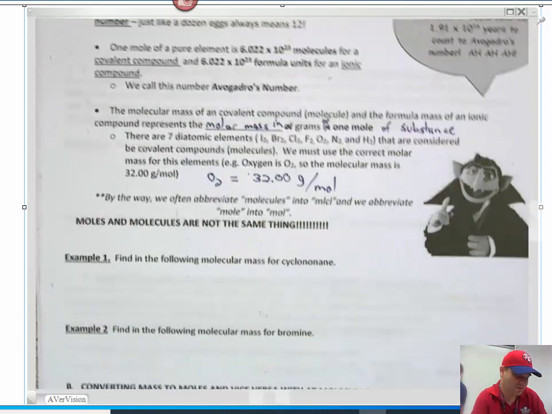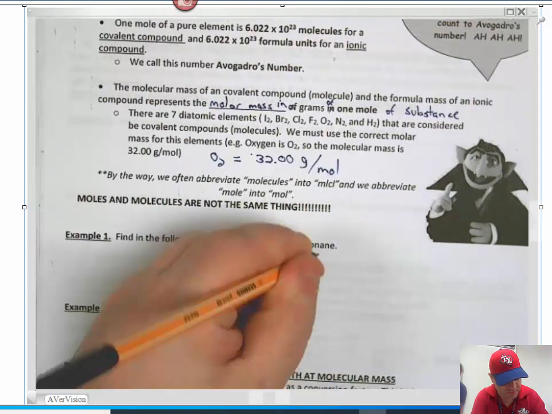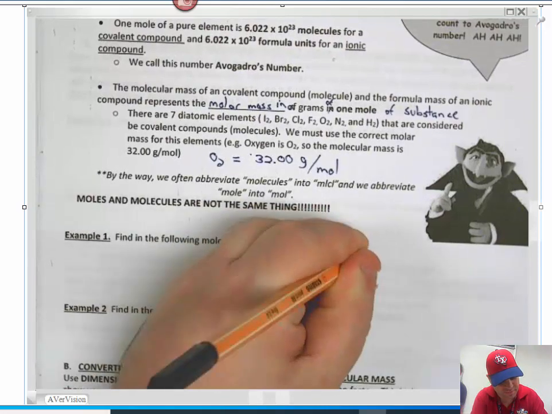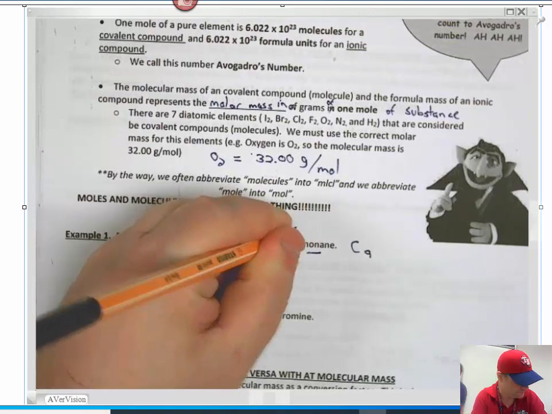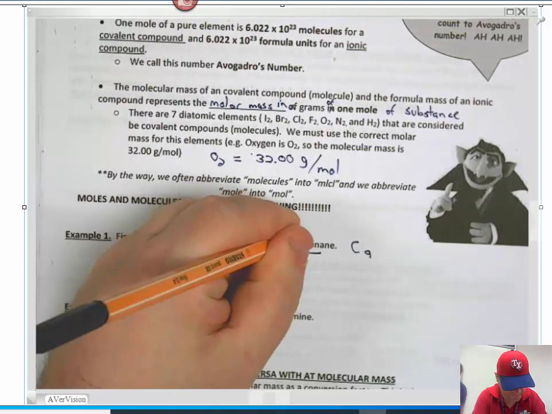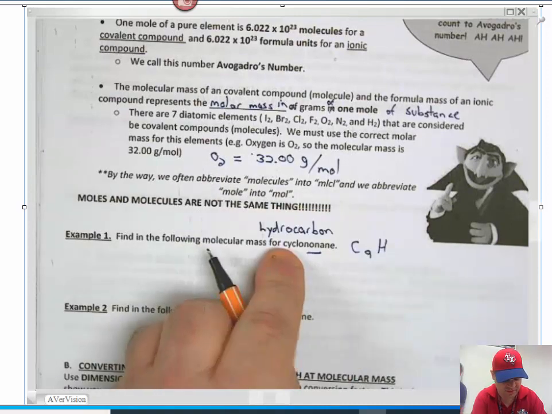So here we go. Cyclononane. Hopefully you remember that nona is 9 carbons because this is a hydrocarbon. So we have to have C and H. And cyclo means you double the hydrogen.